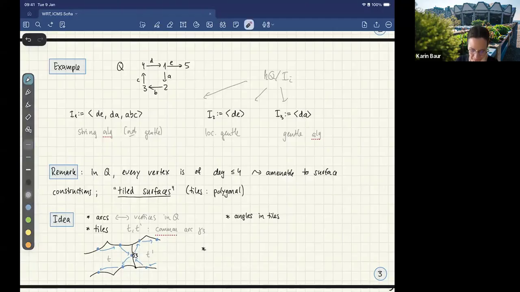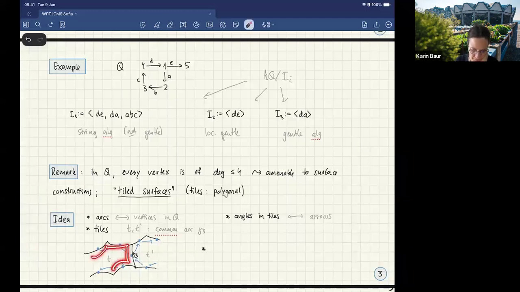So that sort of means this vertex here has at most 4 neighbors, namely arcs in the other tiles. And I should say what the arrows are. They come from angles in tiles. So if I look at the tile, there are these angles, and I choose an orientation, and I draw an arrow.